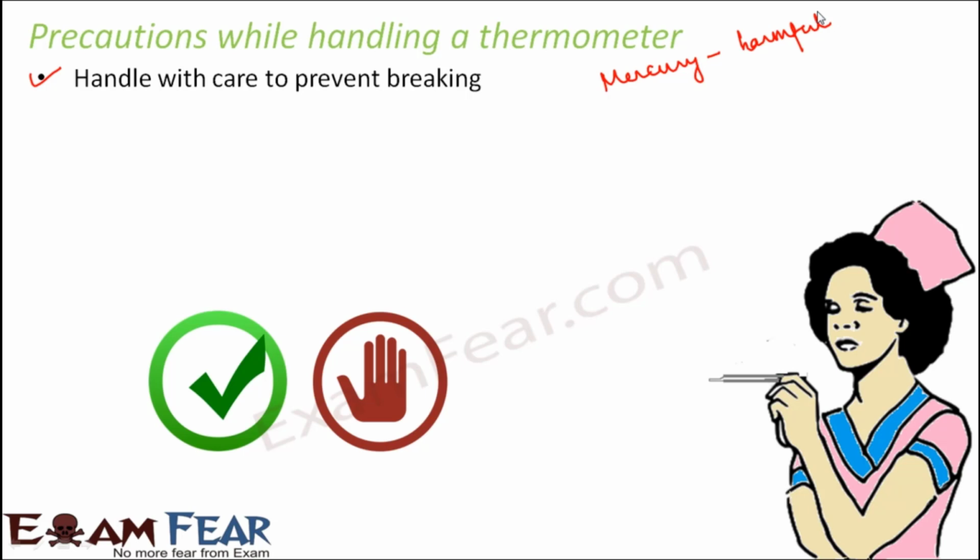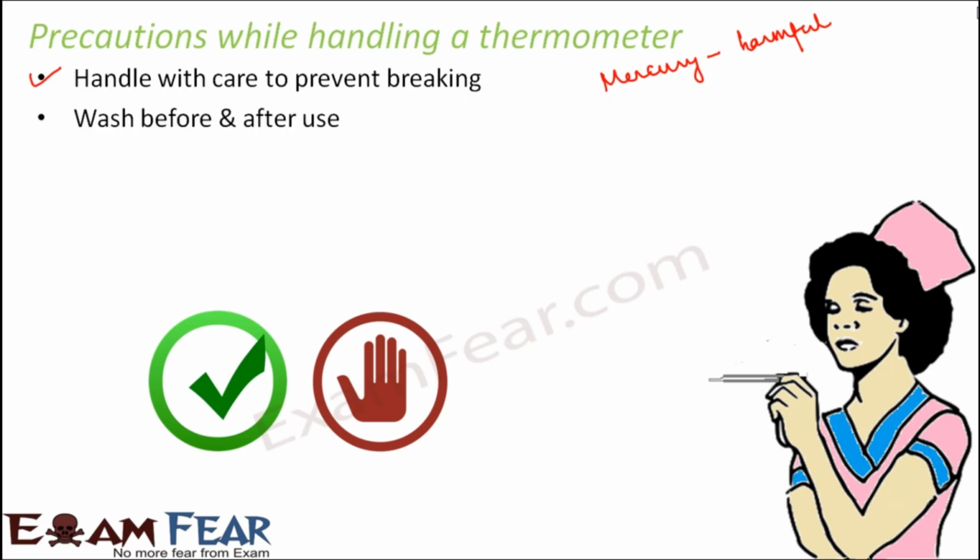It can cause pollution, it can cause damage to living organisms. So disposing of mercury becomes a challenging task. So it is always important that thermometers are handled with care. That is why you would have seen that thermometers always come inside a box with a lid so that they remain well protected inside.